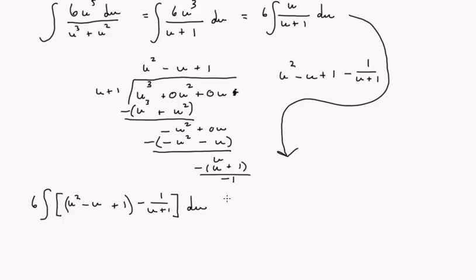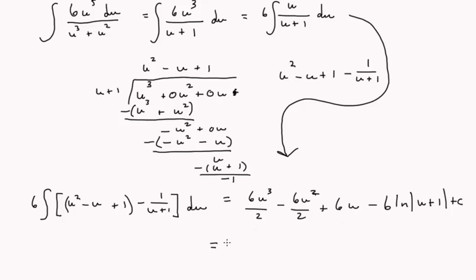So that simplifies kind of nicely. That comes out to be 6u cubed over 2. I'm doing the integration and distribution at the same time. 6u squared over 2 plus 6u minus 6 natural log absolute value of u plus 1 plus c.